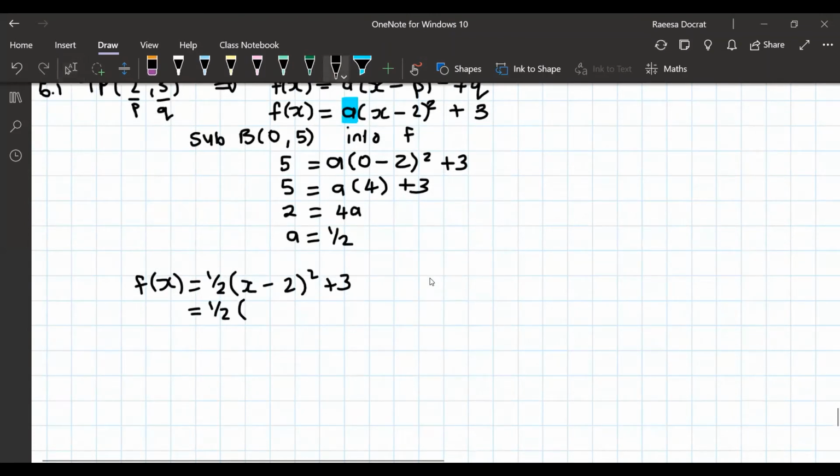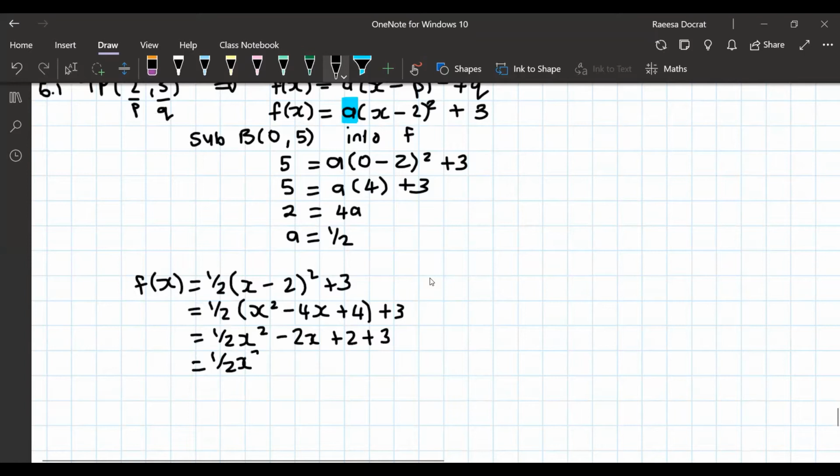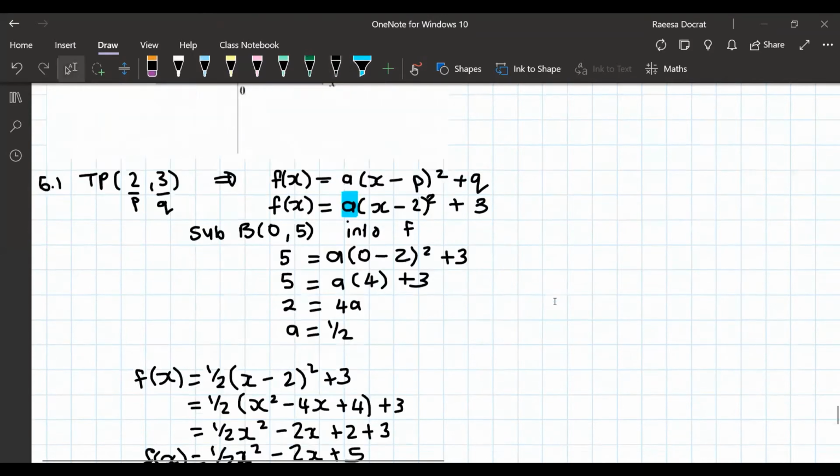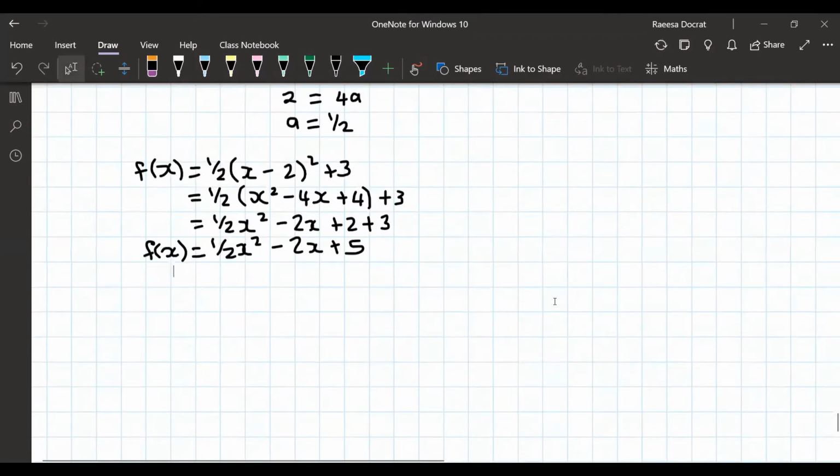So (x minus 2) squared is x squared minus 4x plus 4, plus 3. And then we distribute that half: a half x squared minus 2x plus 2 plus 3, and then we simplify to get a half x squared minus 2x plus 5. And that is the equation that they would like us to get.